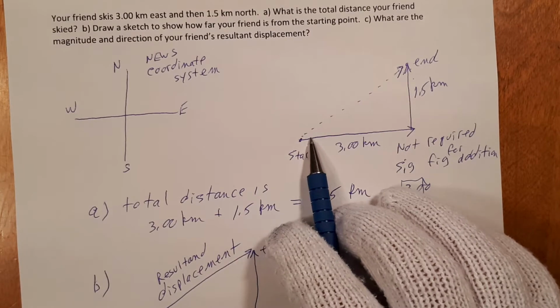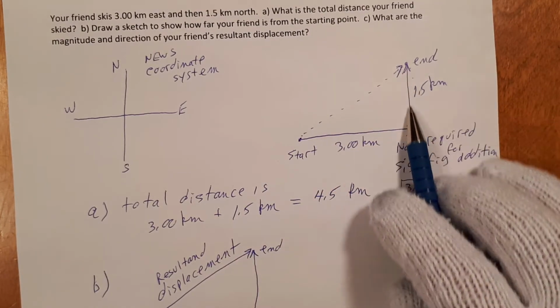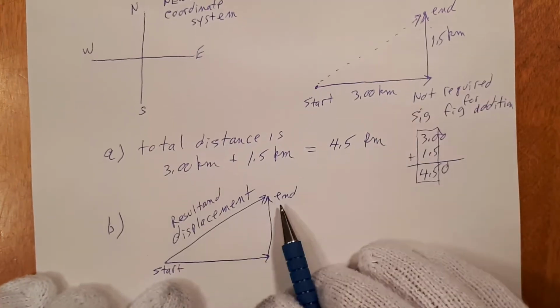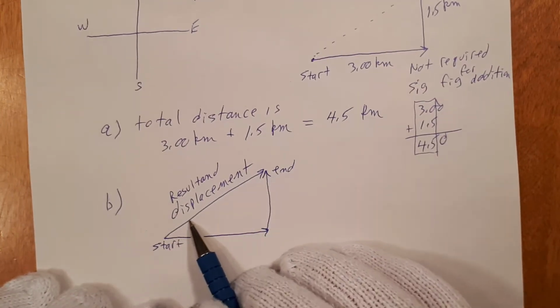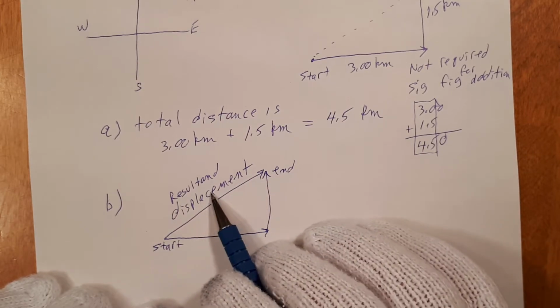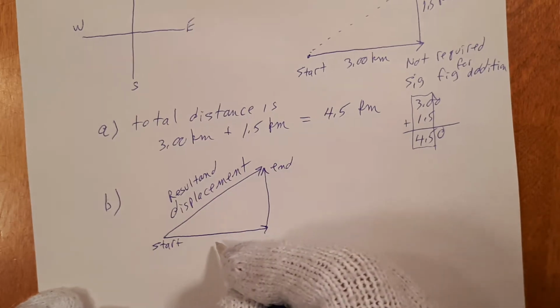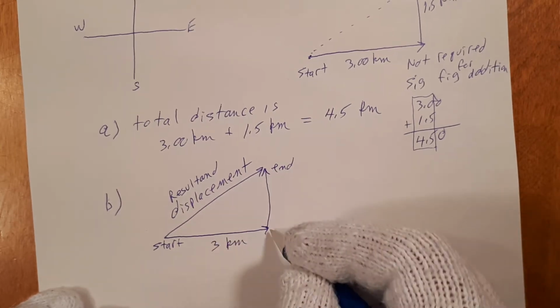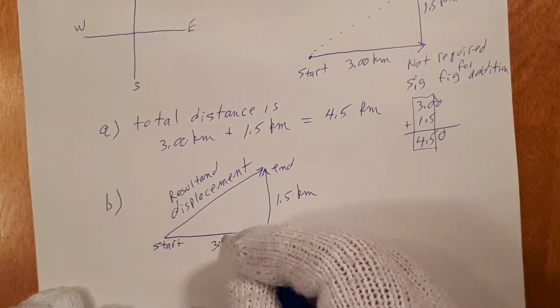Distance is from the start, going along the same path that the skier took. That would be distance, and displacement is the shortcut from where he started to where he finished. That shortcut right here has the name of displacement. And again, this distance across here is 3 kilometers, and the distance going up is 1.5 kilometers.